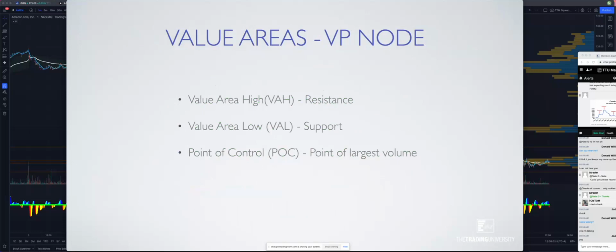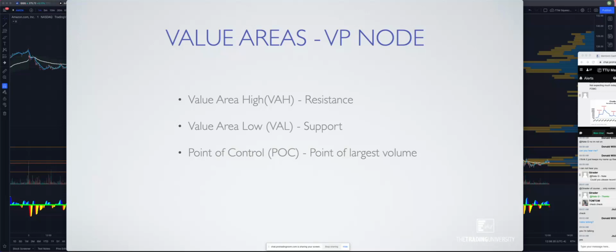So we call them value areas or VP nodes. Okay. And within each value area and VP node, you have some resistance, some support, and then you have a point of the largest volume, or where most of the people are. Your value area high is going to represent your resistance point within that value area.